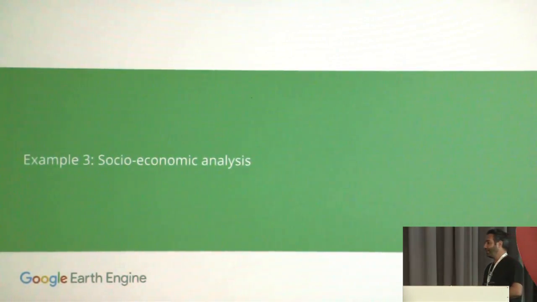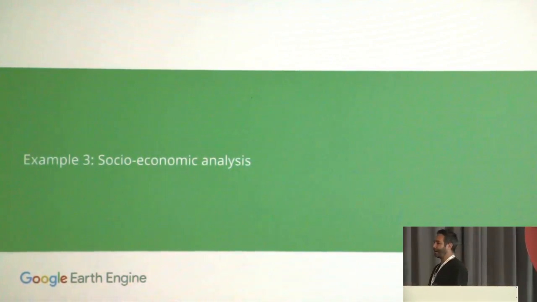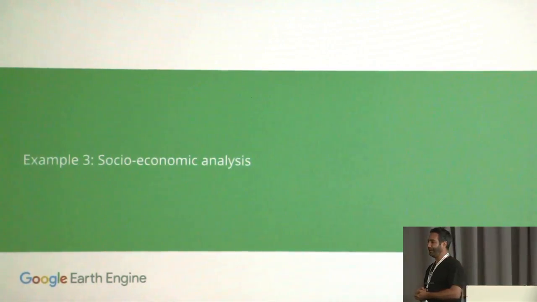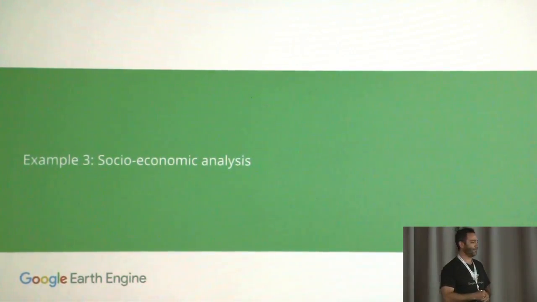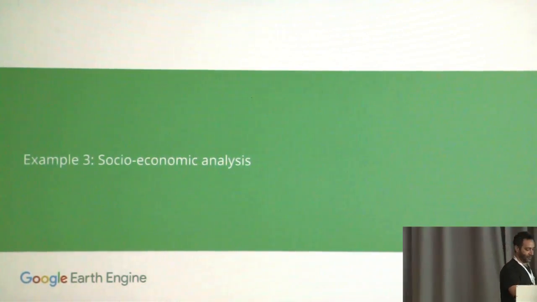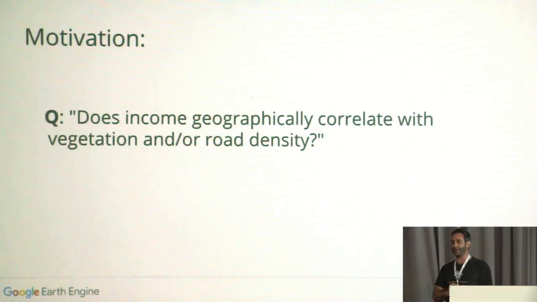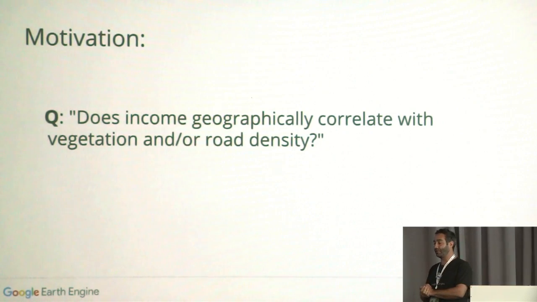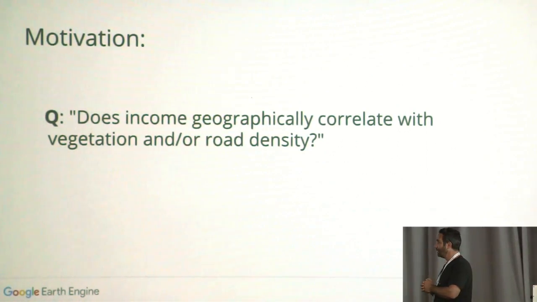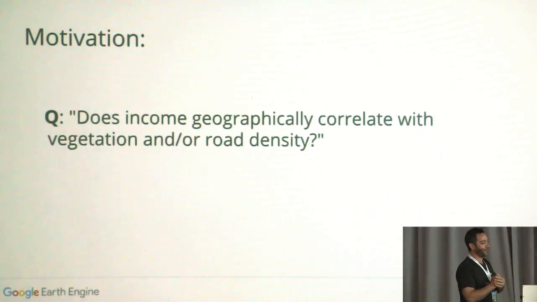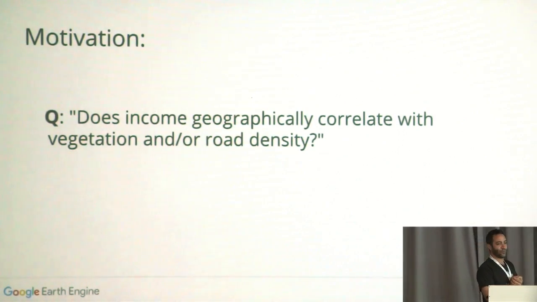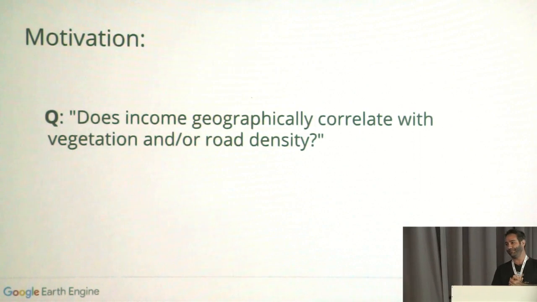The last one is a socioeconomic example, which is using census data. And here is the basic question that I was curious about. Does income correlate geographically with vegetation and or road density?